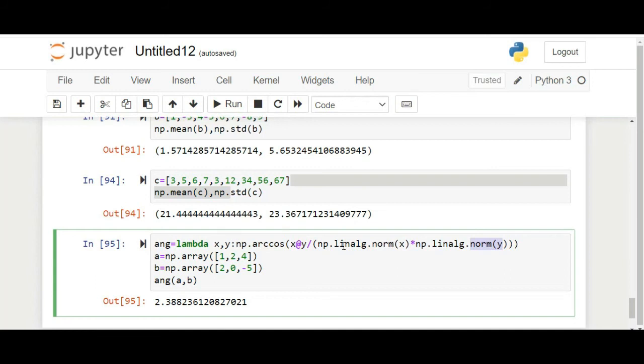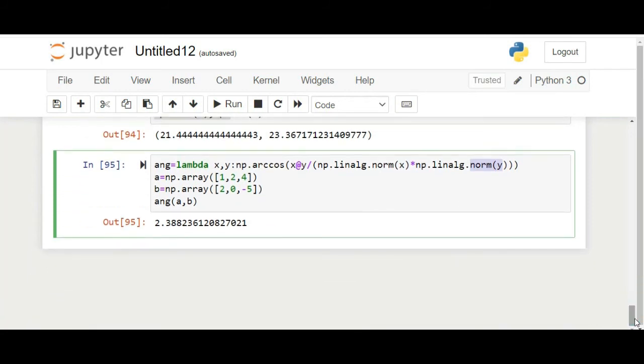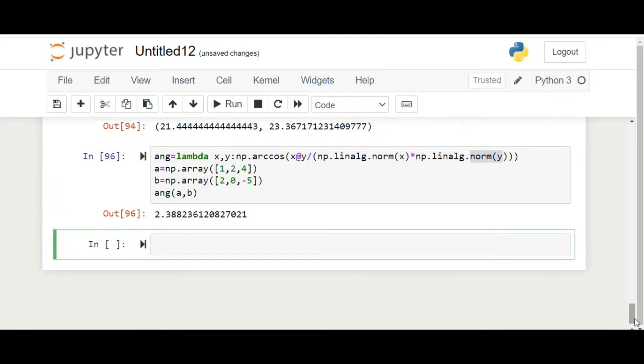now if we take another look at the angle between a and b, if we run the code, angle between a comma b, angle between a and b multiplied by 360 divided by, inside the parenthesis, 2 multiplied by np.pi.